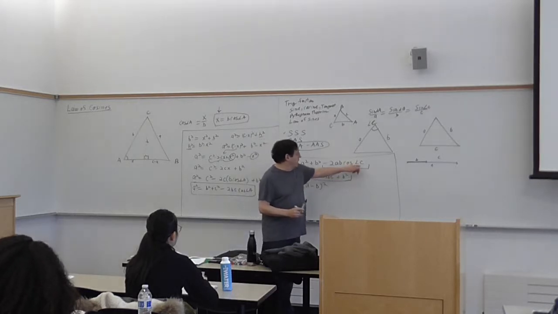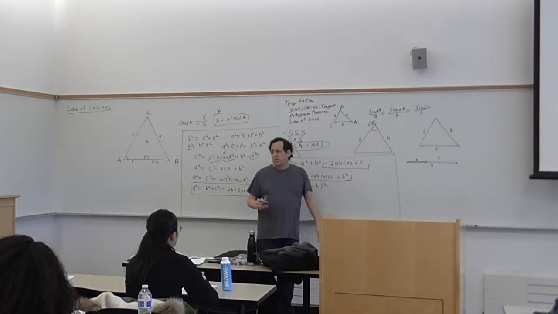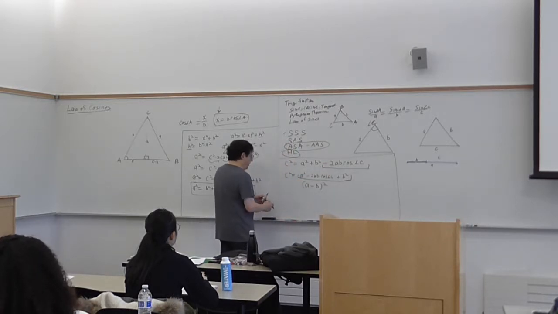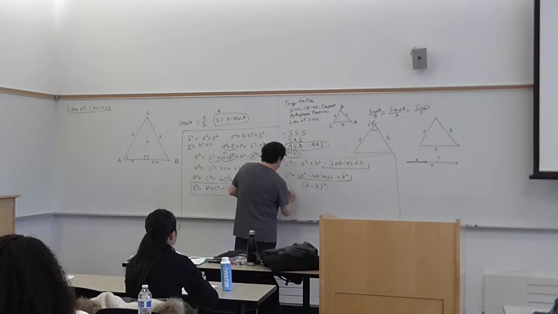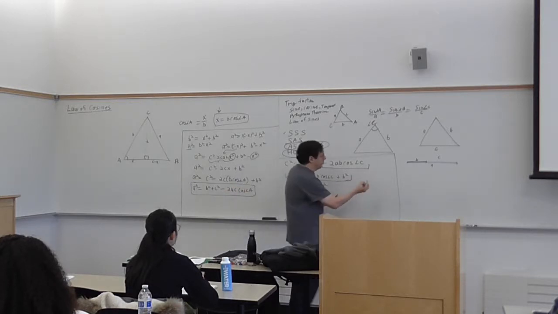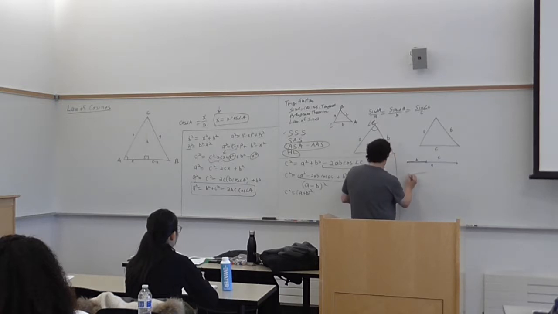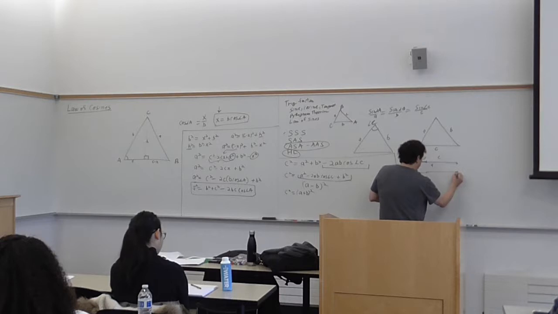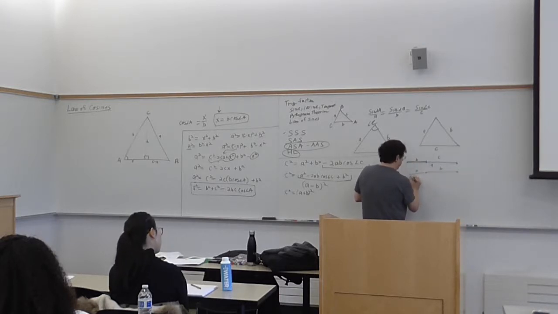If instead of plugging in 0 here, I plug in 180 degrees, that would be minus 1, so this would become positive, and we have c squared equals (a plus b) squared, which would be the same kind of thing, except now we would have a here and b here, and then this would be c.